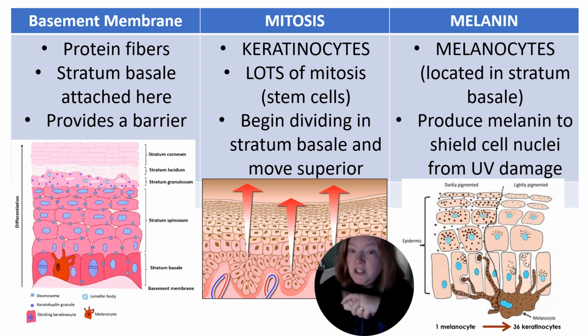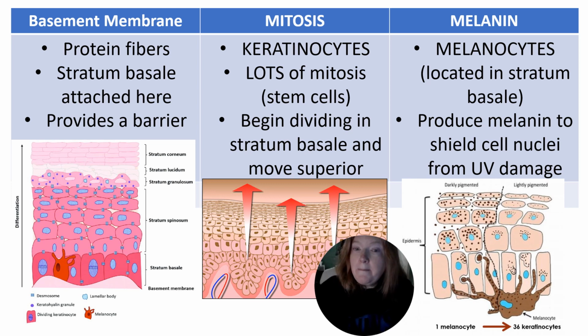And then we have mitosis happening here, so lots of cell division. So we have stem cells called keratinocytes, and they're located in that stratum basale, that base layer, and they begin dividing here, and then they move up. So the oldest cells would be at the top, and the youngest cells would be down here. So as they age, they move upward.